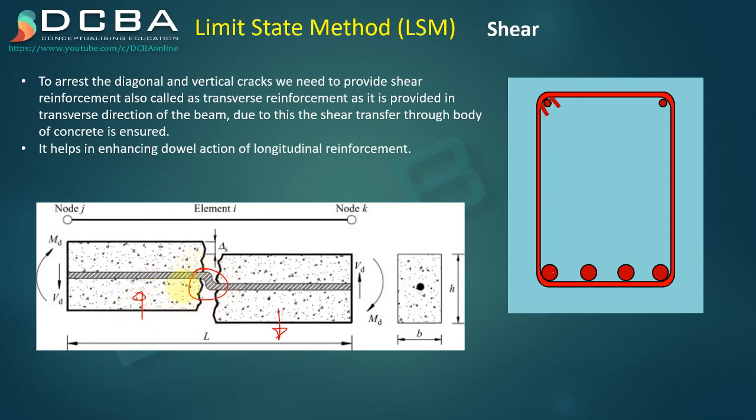So it is preventing the shear from happening. That is the dowel action of the longitudinal reinforcements. And if we provide shear reinforcement, the shear reinforcements will help the longitudinal reinforcements in reducing the shear force that is coming onto that longitudinal reinforcement.